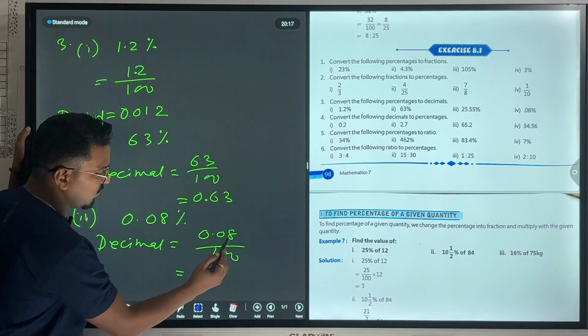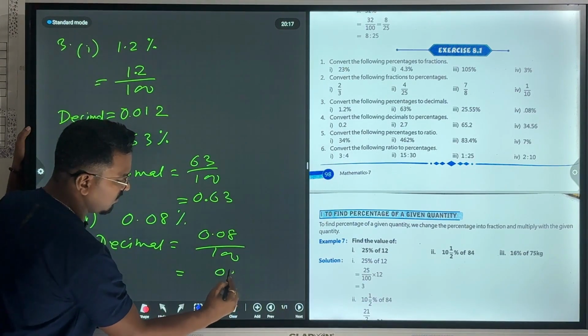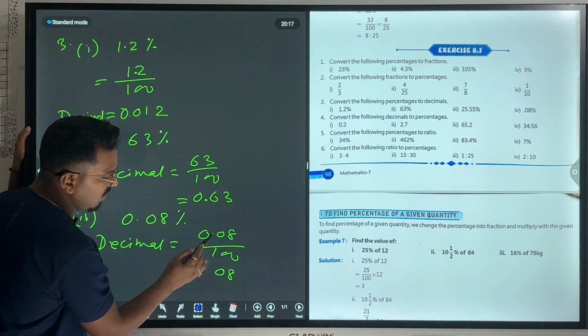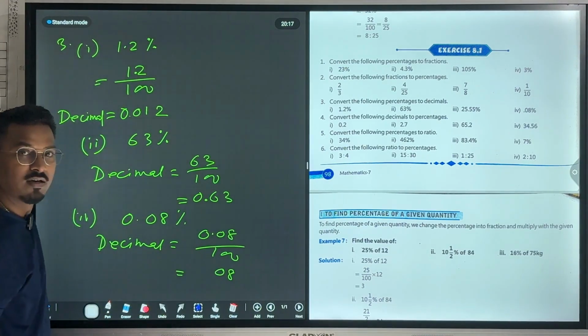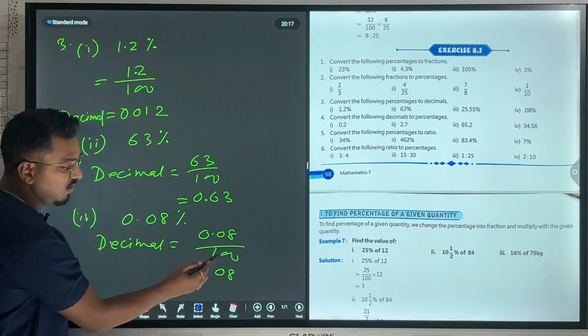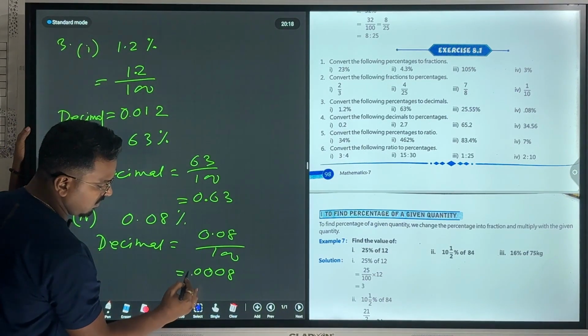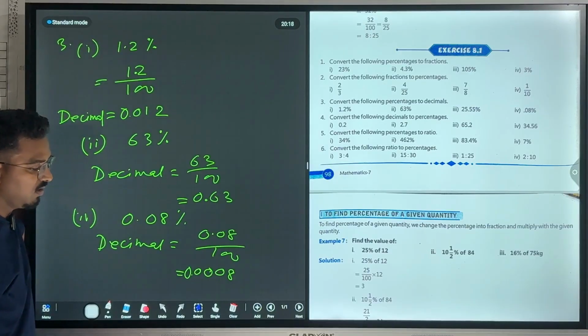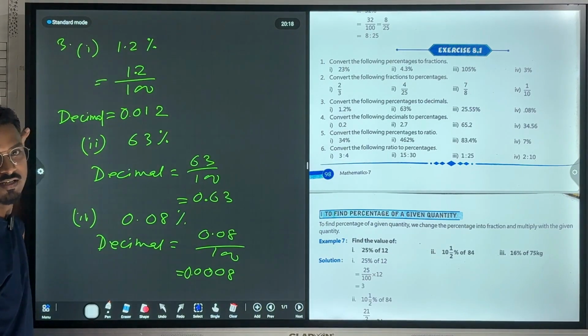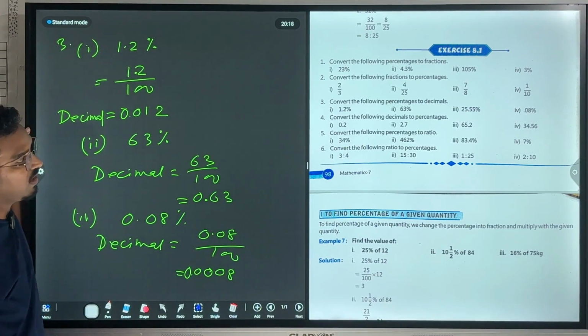So, first you write down this number 0.08. The decimal was here, right? How many zeros are there? 2 zeros are there. So, it will move 2 digit forward. So, 1, 2. The answer will become 0.0008. That will be our final answer. Okay.